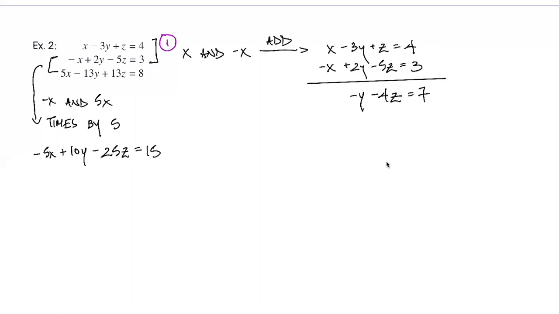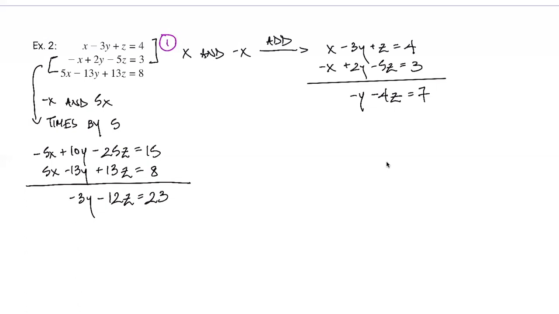And then I take the third equation, 5x minus 13y plus 13z equals 8. All right, let's add. Okay, -5x and 5x, the 5x's go away. That's excellent. I'm left with -3y minus, let's see, -25 plus 13 is -12z. And then 15 plus 8 gives us 23.